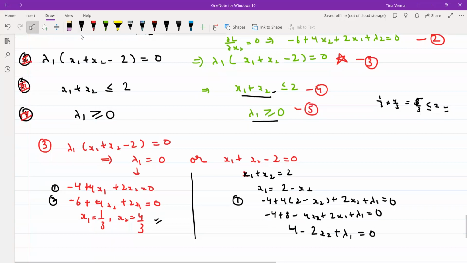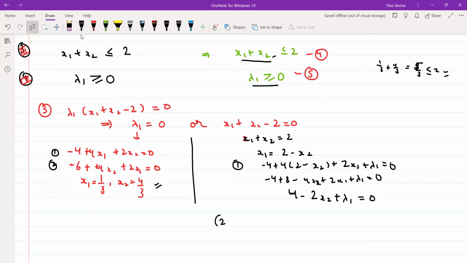This is my first equation. If I put it in the second, that my x1 is 2 minus x2, it will give me the condition that minus 2 plus 2x2 plus lambda 1 equal to 0.